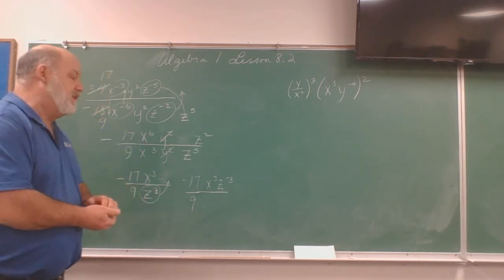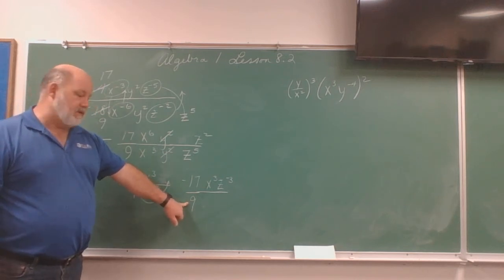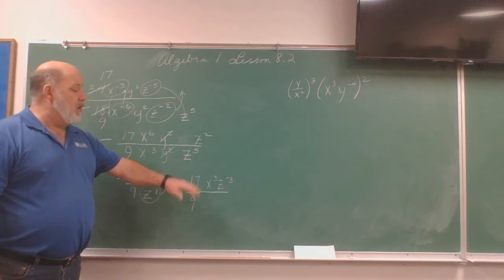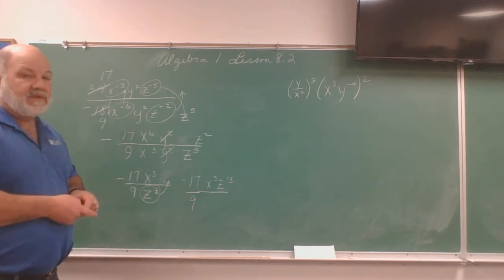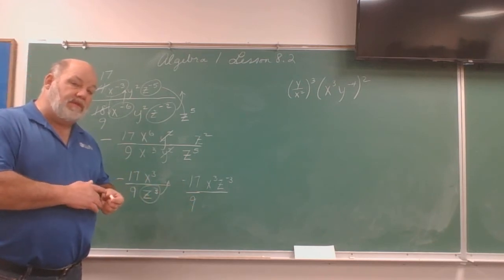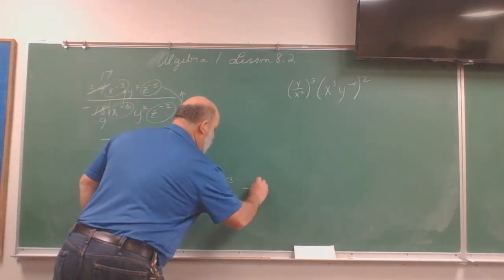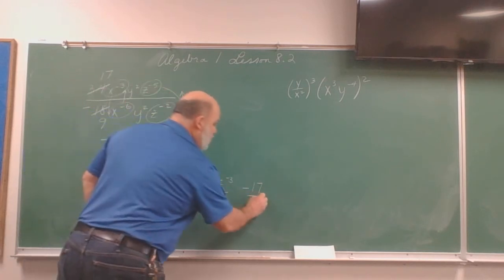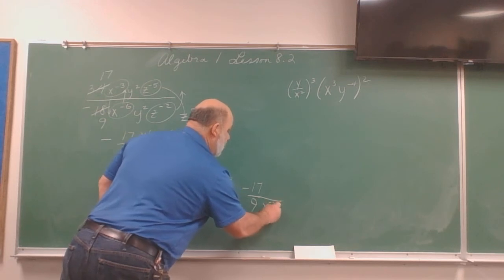I need to point out that that does not mean that all numbers must be in the numerator. This 9 stays down in the denominator, whether they say have all your exponents in the numerator or denominator. They could have said put all exponents in the denominator, and that would mean the negative 17 over 9 wouldn't change, but this x cubed would move down and become x negative 3.